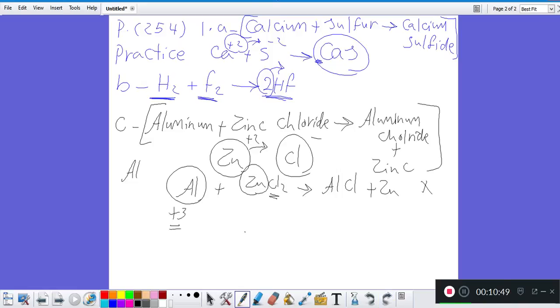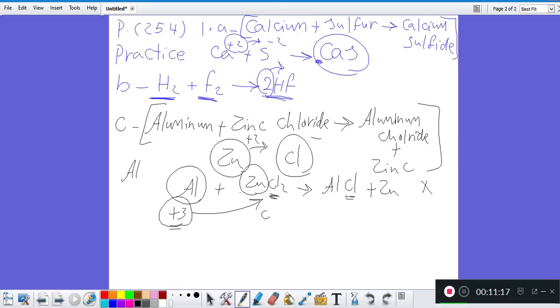The atomic number for aluminum is 13, so the valency for such an atom is positive 3. It means that the aluminum is going to donate or give 3 electrons in that reaction. To what? To the chlorine atoms, but in that case how many chlorine atoms do we need in that reaction? If we said that's 2 chlorine atoms, and we said that we need 3, from where are we going to bring an extra chlorine atom?